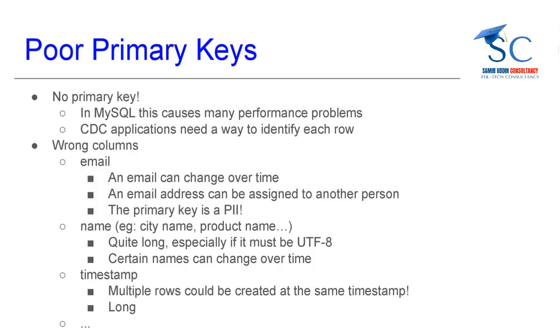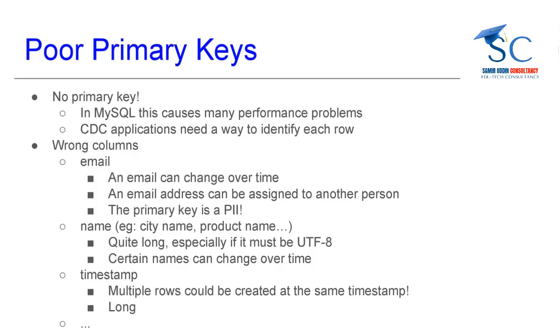If you don't have that, the CDC application will have to do more complicated things, like, for example, using all the columns as a primary key, which is obviously slower.